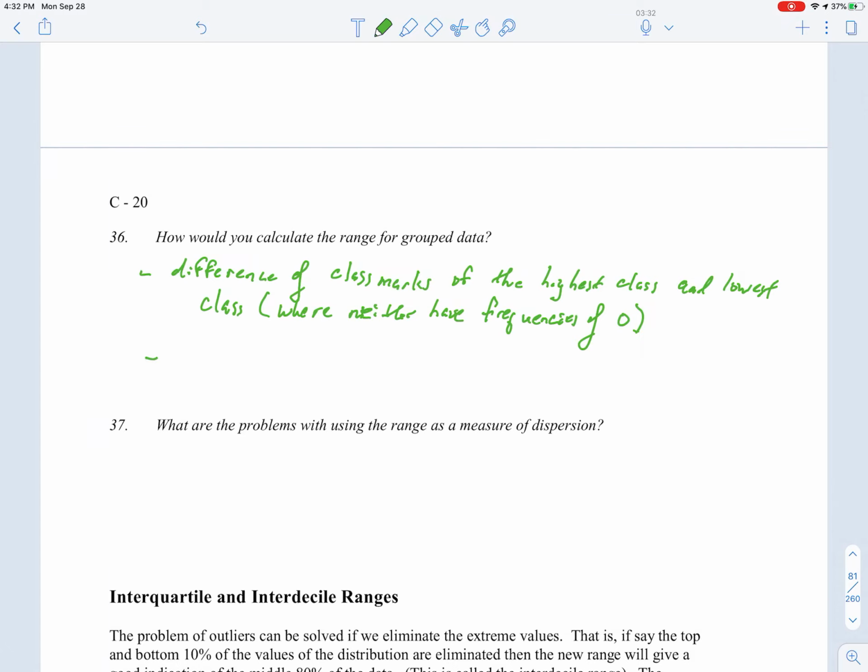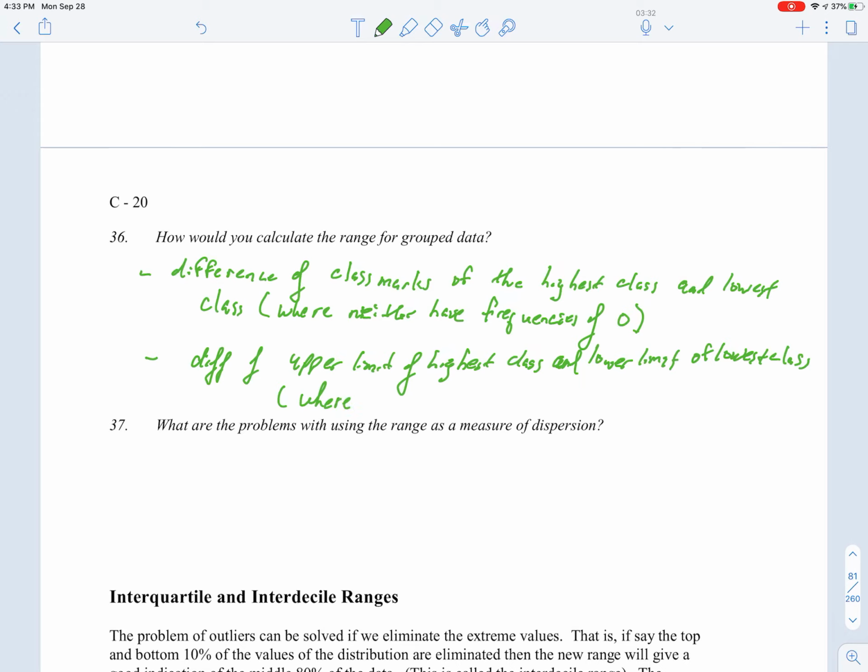Okay. Or you could take, and this is probably the way that I would tend to do this more, the difference here of the upper limit of the highest class minus the lower limit, I suppose I should say here, since I've already used the word difference, the lowest limit of the lowest class, where neither have frequencies of 0.